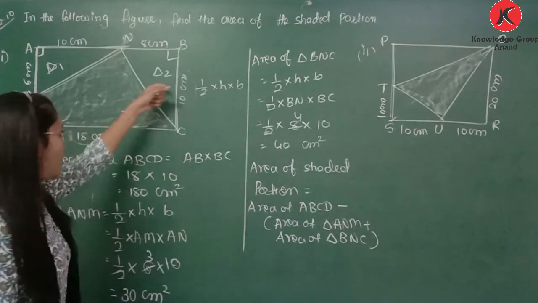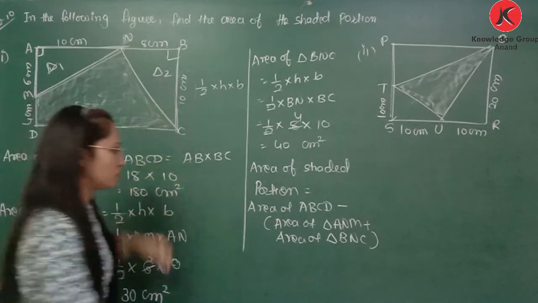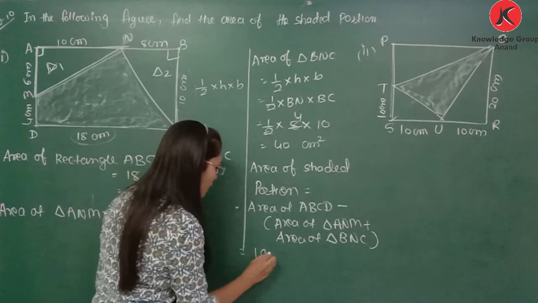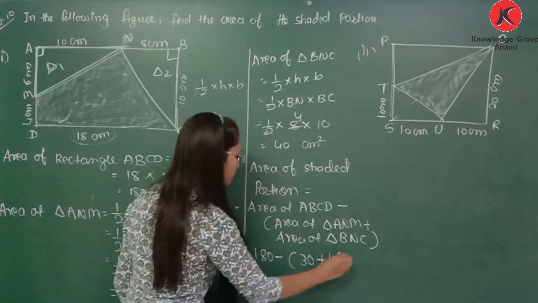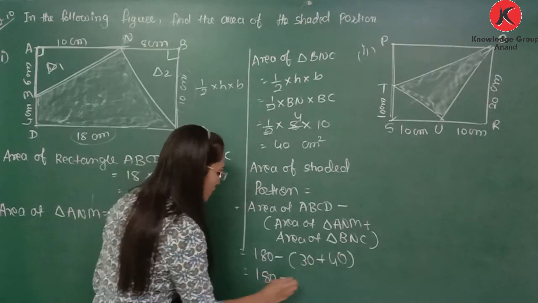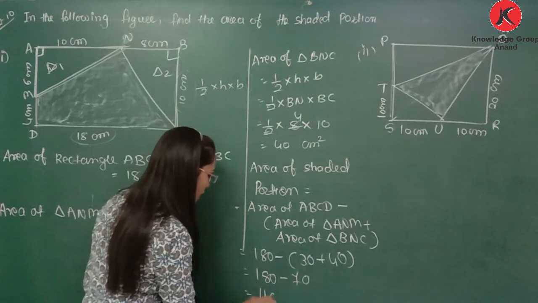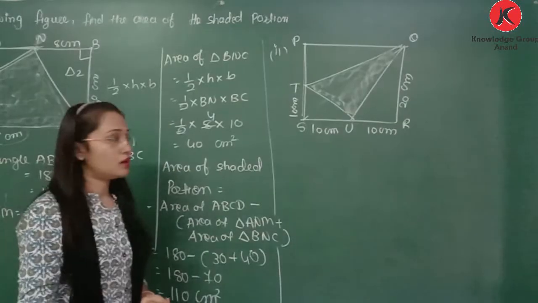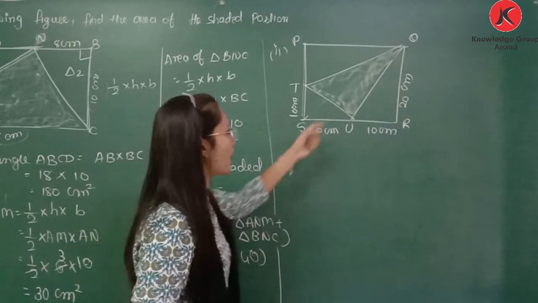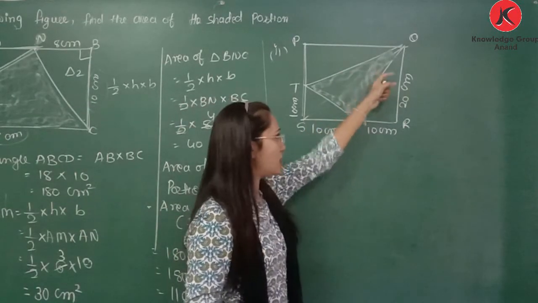From the total area we will separate these two areas. So that is 180 minus 30 plus 40. So 180 minus 70 is 110 centimeter square. Clear?